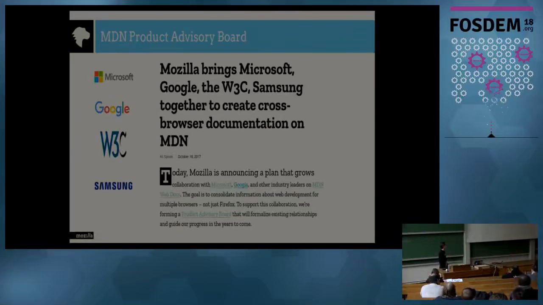What this means is that all these companies are now helping us to document the web, because we are all doing things on the web. Microsoft and Google are building browsers. The W3C creates the standards that we are also documenting on MDN. So finally, after a few years, we came together and formed this board, and this will help us with the whole documentation and also with the compat data.